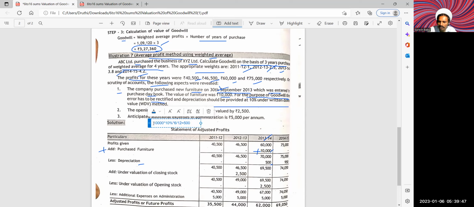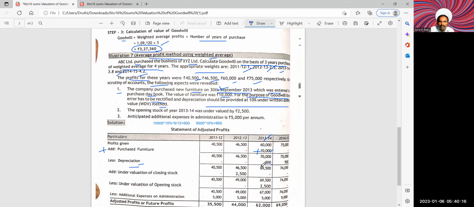Similarly, next year, how much is available? 9,500 for the entire year. Try to understand the calculation. Next year you calculate 10% on it, for the entire year, so 950 is the depreciation. See, this is how we have done it.